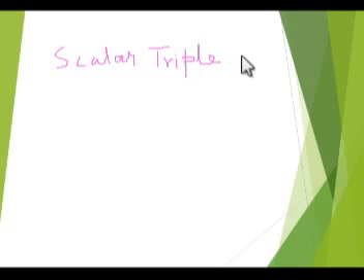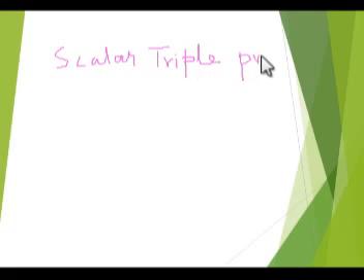Now today we will discuss the scalar triple product. This is a senior level of vector analysis, very important. To know the behavior of such products is very important for physics especially, and mathematics also.